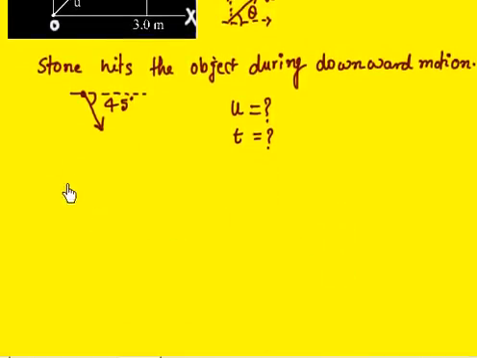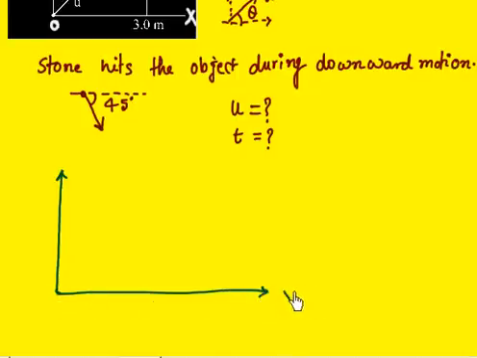So let us say this is my y-axis and this is my x-axis. If you see the path of the stone, it will go something like this. It will follow a parabola. Now it hits during the downward motion.